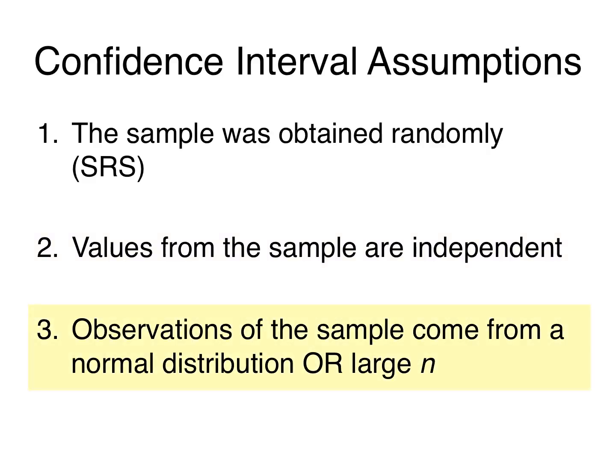And we assume that the observations of the sample that we are taking come from a normal distribution, or that the sample size is large enough to apply the central limit theorem, that the sample mean is at least approximately normally distributed. So essentially, this is saying that either the distribution we sample from must be pretty symmetric, or our sample size must be large, so greater than 20 if the distribution is not very skewed as a guideline.